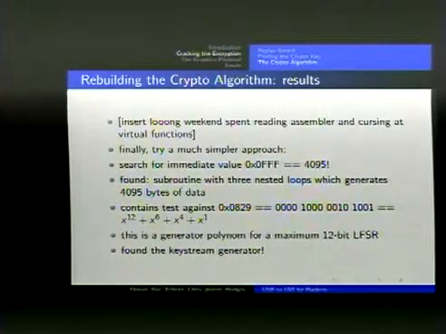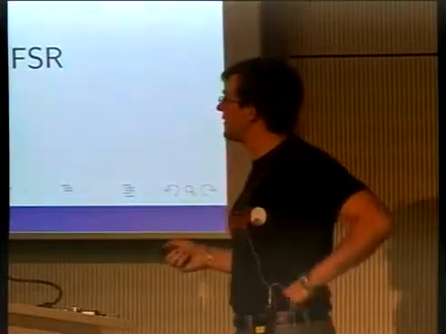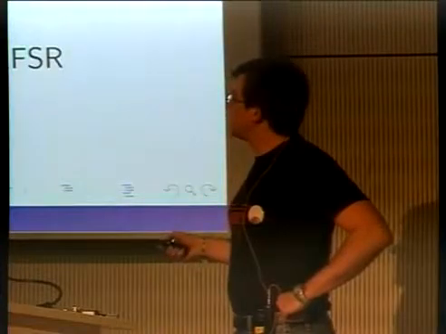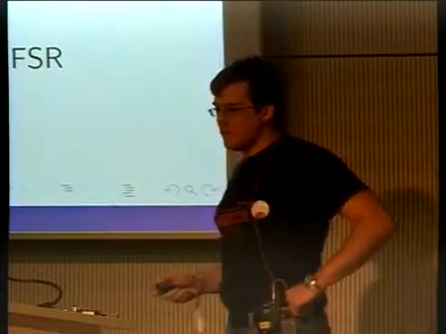In the end, we settled on a much simpler approach here, and we just looked in the assembler code for an immediate value of 4095, because at some point the routine has to generate that much data. And we quickly found such a subroutine which consisted of 3 nested loops, and which actually does generate 4095 bytes of data. And most interestingly, it contains a test against this value.